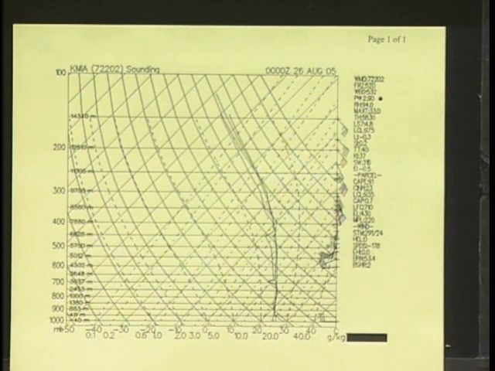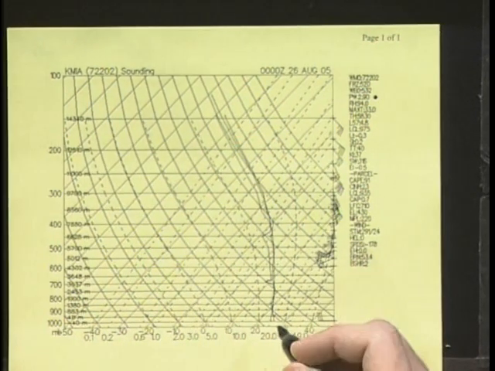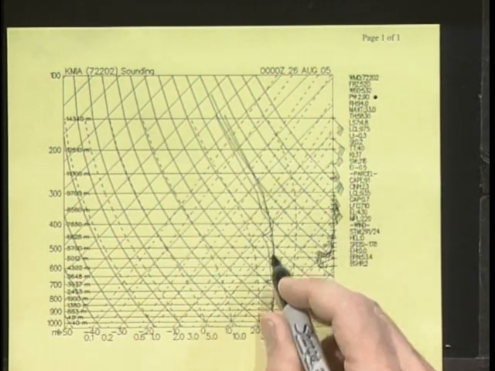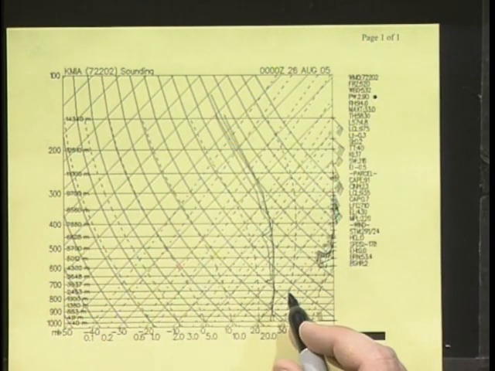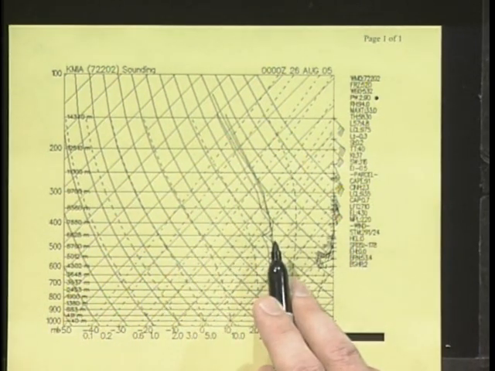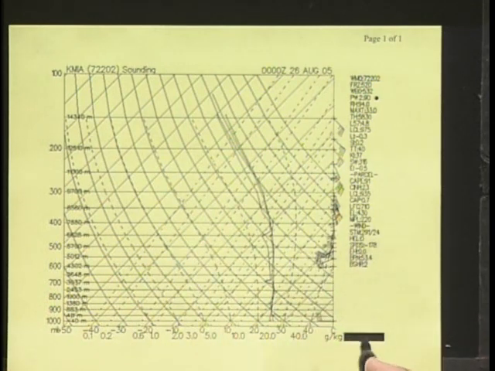Also mentioned that it has a warm core structure. So the temperatures are, for any sounding, well above what they would normally be, especially as you go higher aloft. You'll notice on the sounding that this sounding is well to the right of the page.